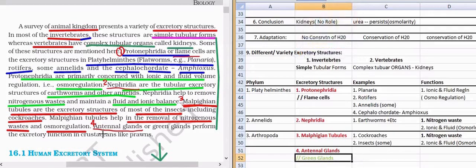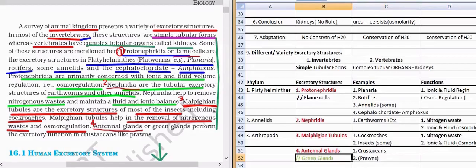What are the examples I gave? Crustaceans like prawns. Remember this as the example given: prawns. They also belong to Arthropoda.